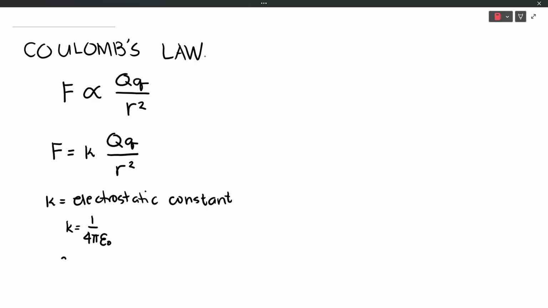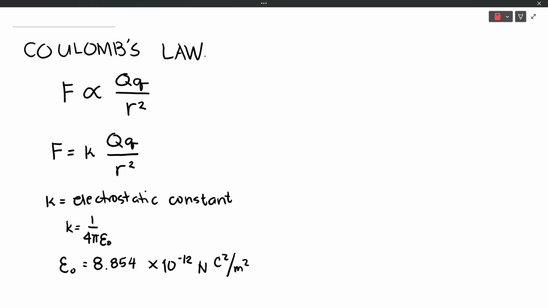And what is this epsilon naught? Epsilon naught is the permittivity of free space and is equal to 8.854 times 10 raised to negative 12 Newton Coulomb square per meter square. And that is the value of the electrostatic constant.